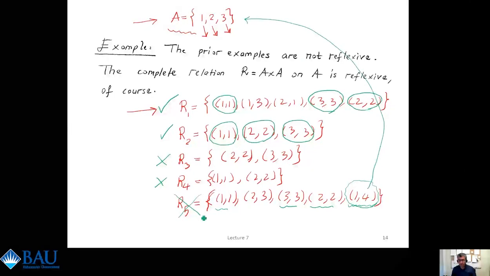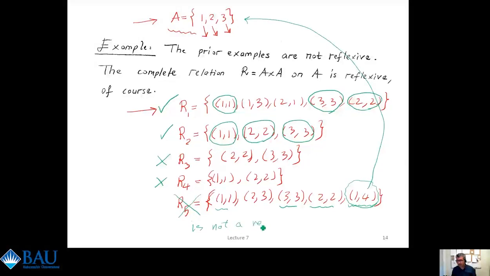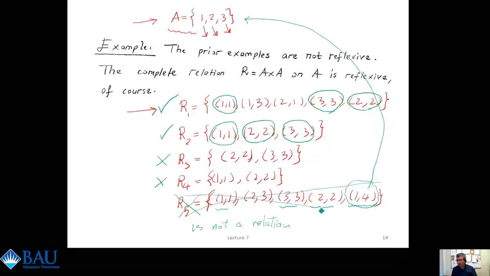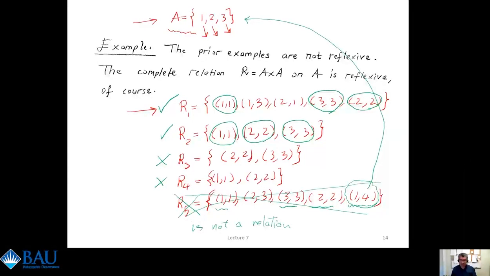No. Therefore, R5 is not a relation. Since it's not a relation, it's impossible to be a reflexive relation. So we don't talk about this kind of set. R5 is just one set, it is not a relation.